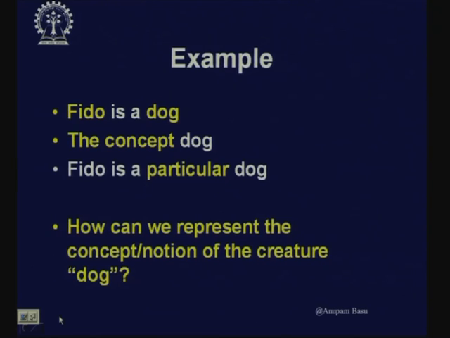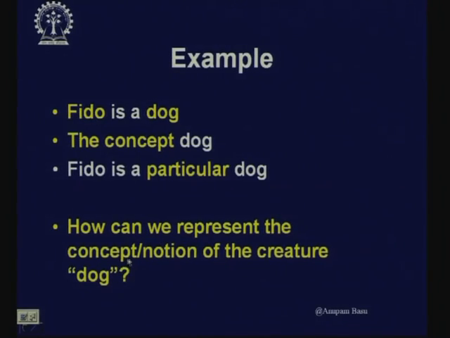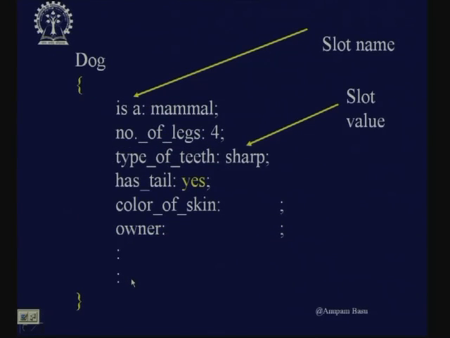represent the concept or notion of the creature dog. So, look at this. The description of a frame is very much like the structure data type that we use in the language C. So, you see, a frame consists of a number of slots. Each of these attributes, a dog is a concept which has got a number of attributes.